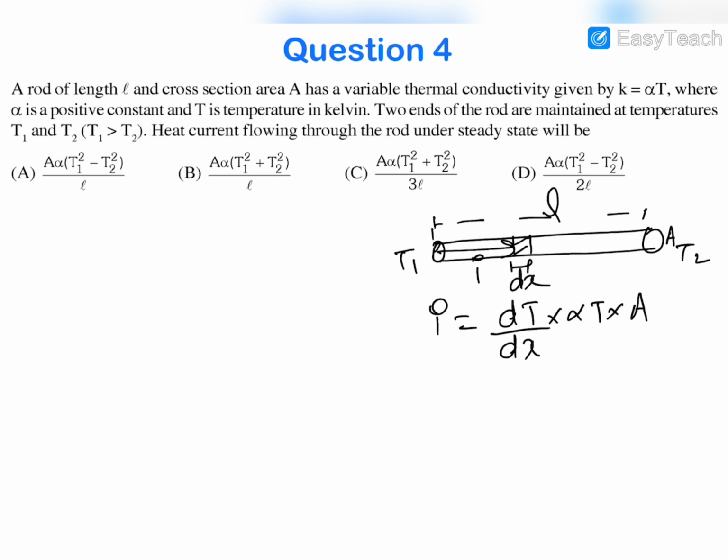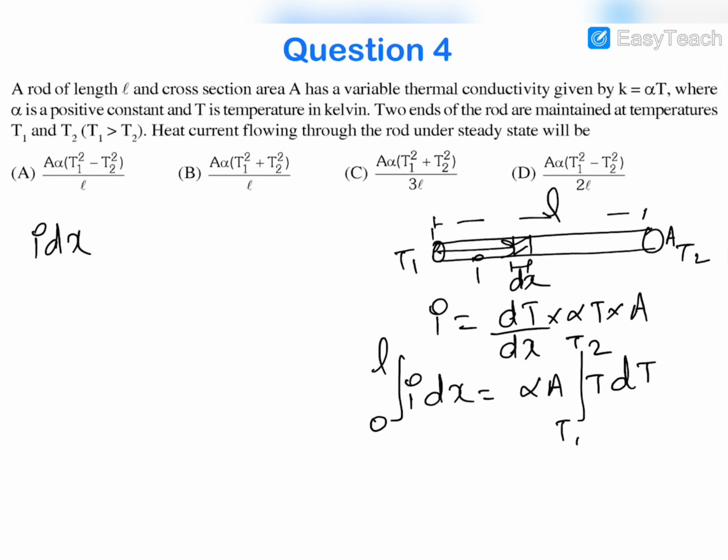So you can see that I dx is equal to alpha A T dt, and integrating both the sides, the limit of x would be from 0 to L, and the limit of t will be from t1 to t2. So I dx will be equal to alpha A and T square by 2, with limit from t2 to t1.